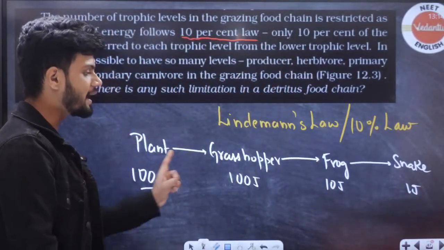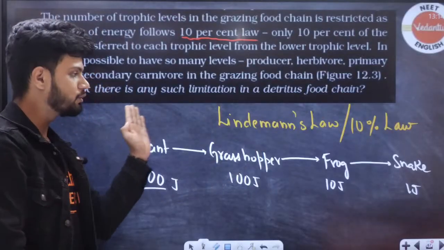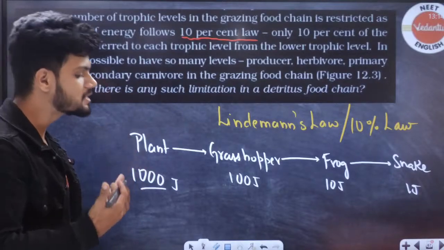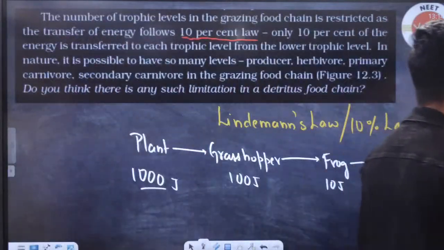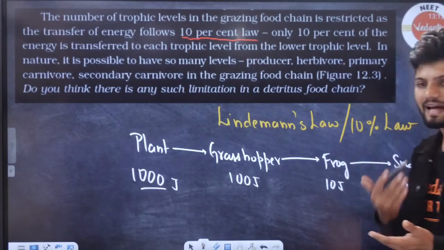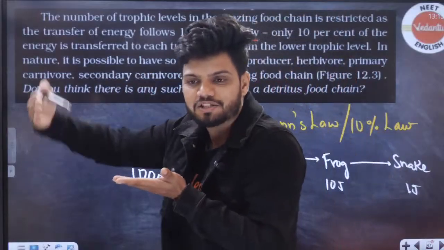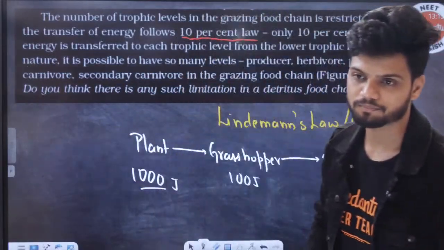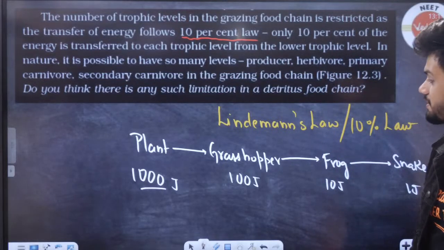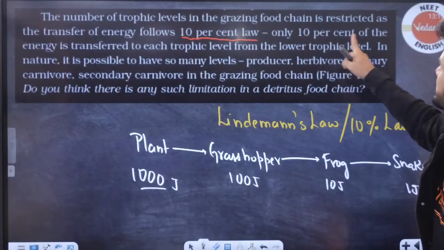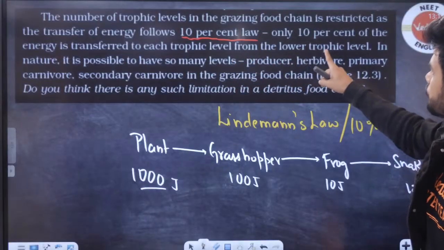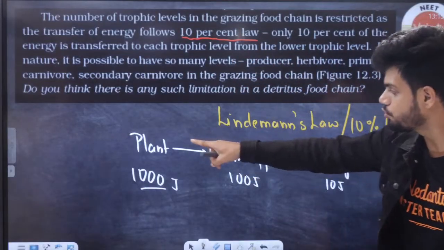So every single time energy is transferred from one trophic level to the next, only 10% is transferred. 90% is consumed by the organism for respiration, for reproduction, for any other process. So only 10% is transferred to the next trophic level, and it is always unidirectional.